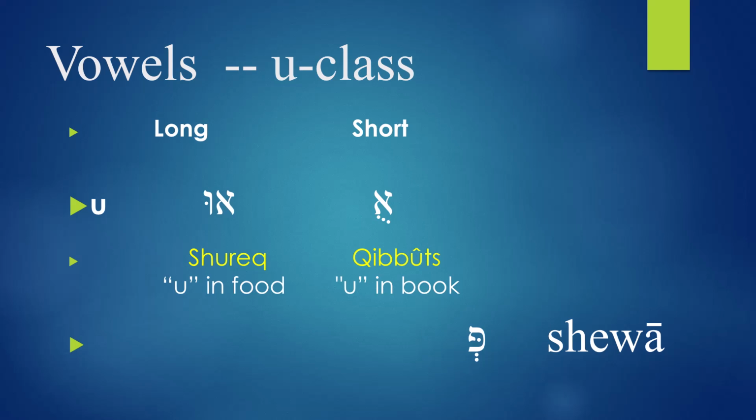They are the ones that are joining the patach to form the hatef patach, the segor to form the hatef segor, and the kametz to form the hatef kametz. This is the vowel, the shua. And remember the sound? It makes the A sound, that half A sound. That's how you pronounce shua.